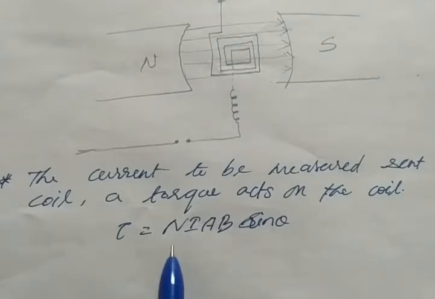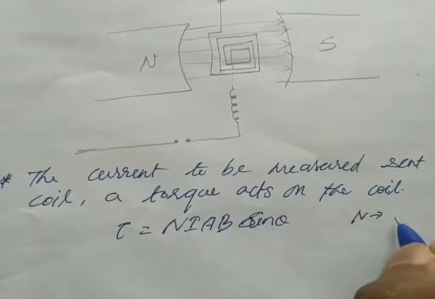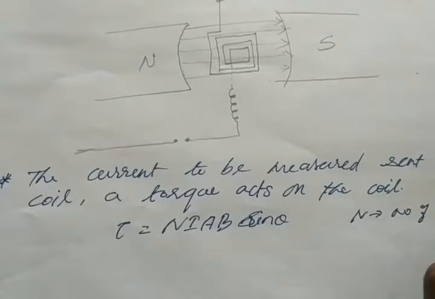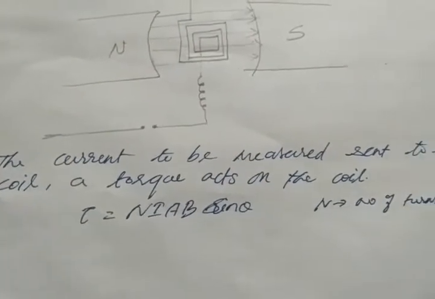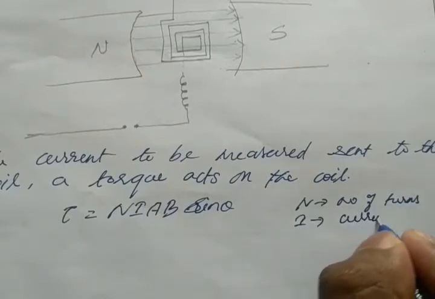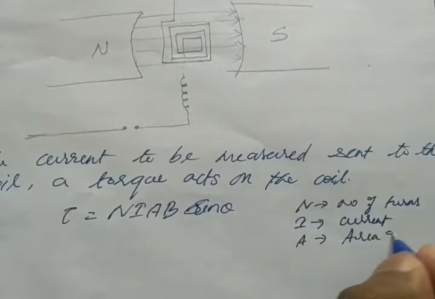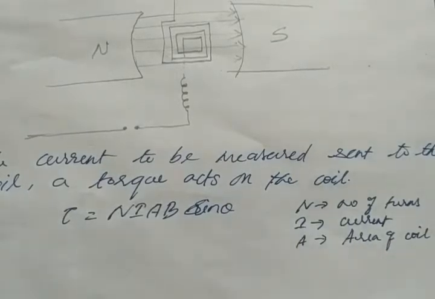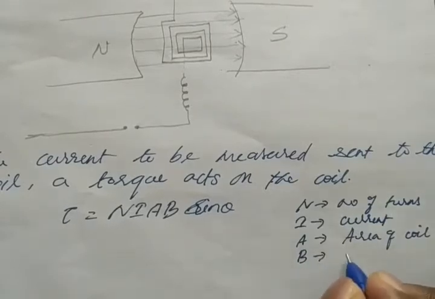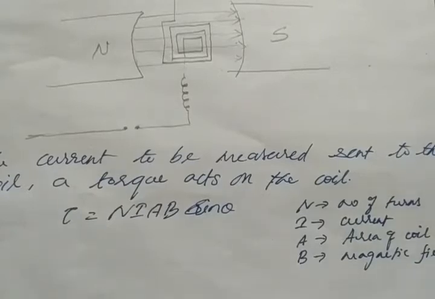Here N means number of turns, the total number of turns that coil has. So we can write the definition of the formula. N, number of turns; I, current; A, area of coil; B, magnetic field; theta.